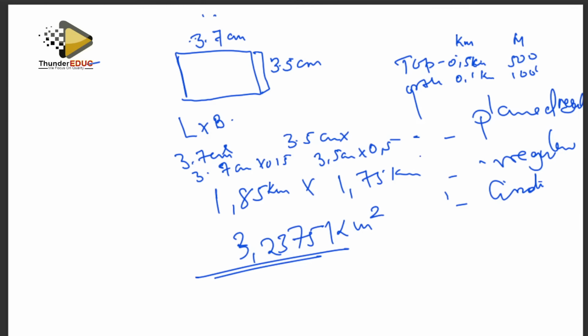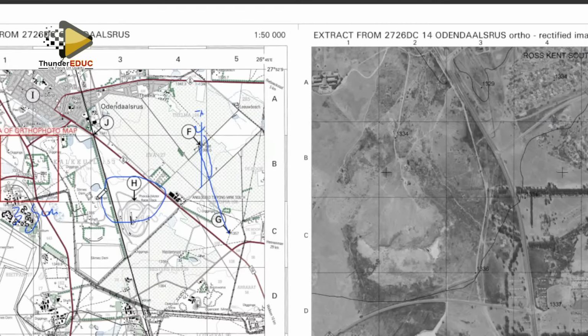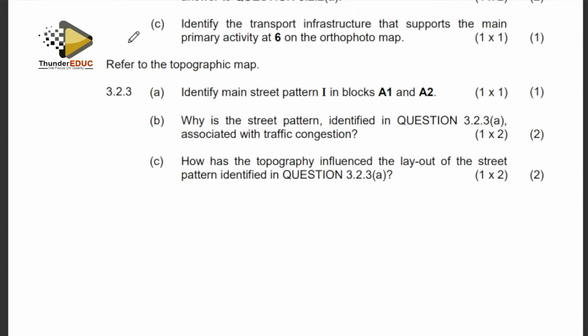And then when you check here, if you look at the kind of diagram that I gave you in your books, you will see that this one looks like bricks, like grid. So the answer that you're going to have down here is the grid street pattern. Okay. I hope we are clear there. Grid. So the answer we are going to have, I has got grid or gradient street pattern. Are we together then? All right.